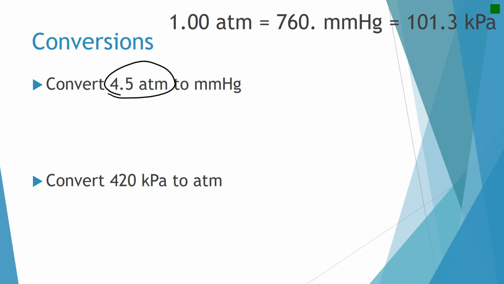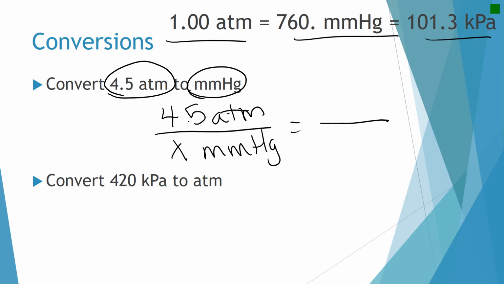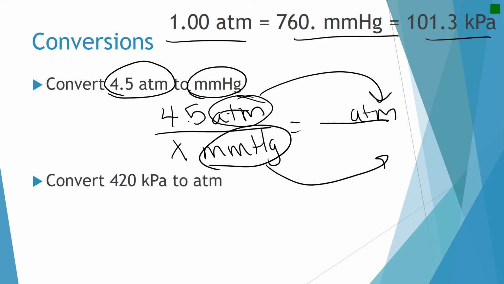So we're trying to convert 4.5 atmospheres into millimeters of mercury. So I know my 4.5 ATM, and I'm trying to go to millimeters of mercury. That is going to be equivalent to these guys up here as far as proportions go. So the top one, because this is atmospheres up here, atmospheres needs to be over here. And because millimeters of mercury is here, it needs to be on the denominator on the other side. So I'm going to write 760 and 1.